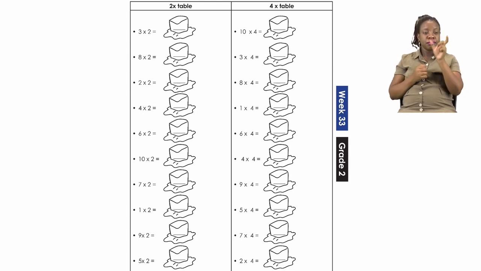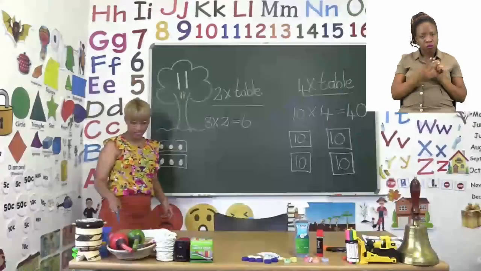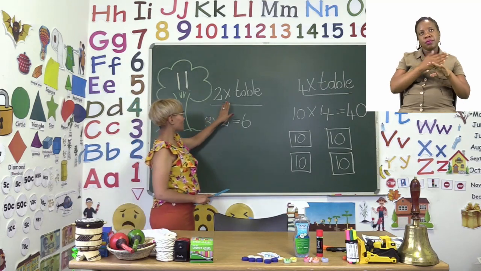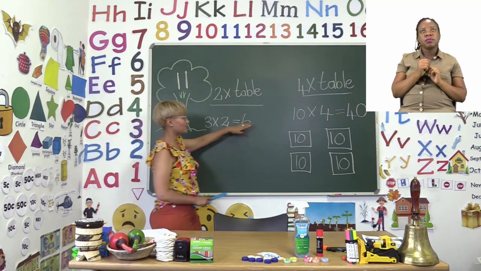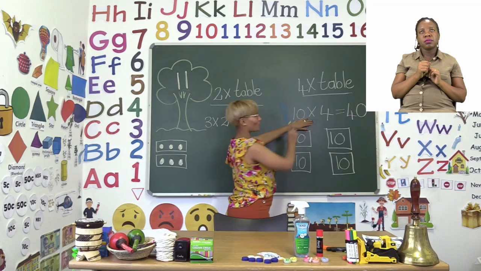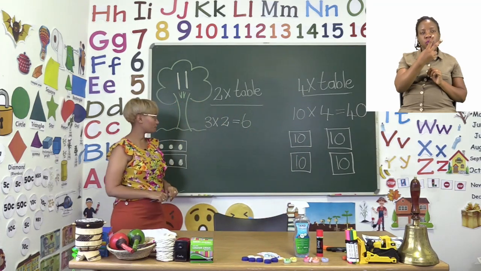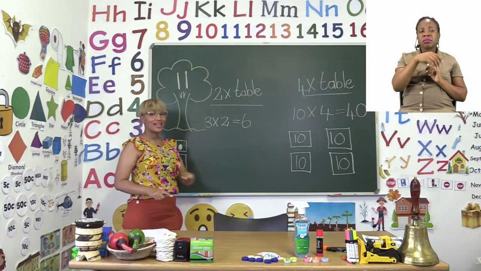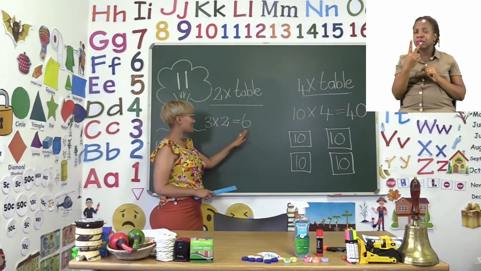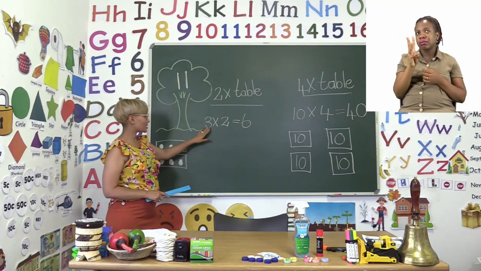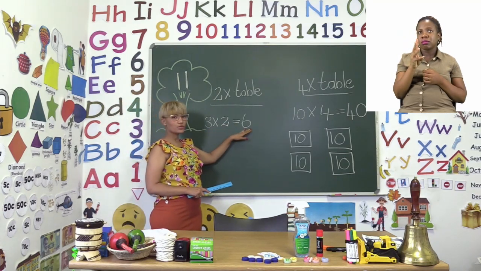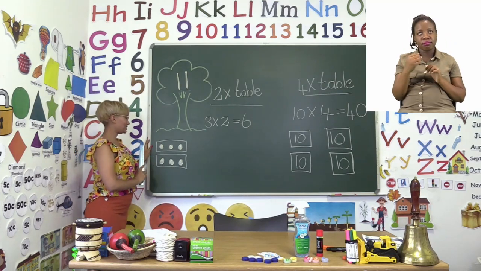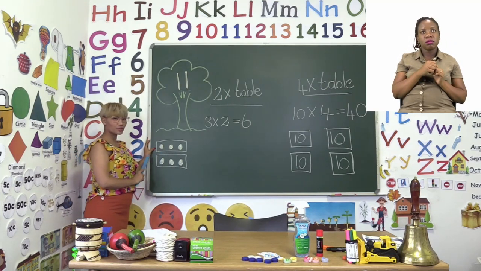Now let's quickly look at the first examples. Right. Now on the board, over here I have the first example for the 2 times table and the first example for the 4 times table. Now the first one says 3 times 2 and my answer there is 6. So the sum says 3 times 2 is equal to 6. Now over here I made this little diagram or these little groups for me.